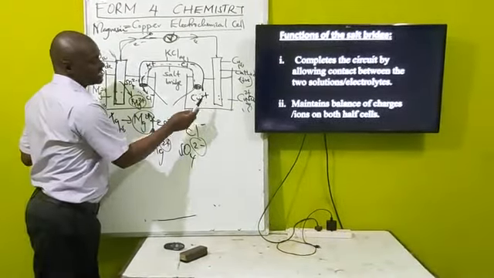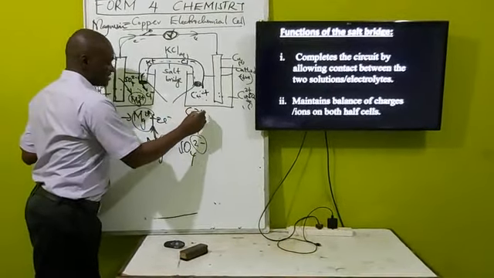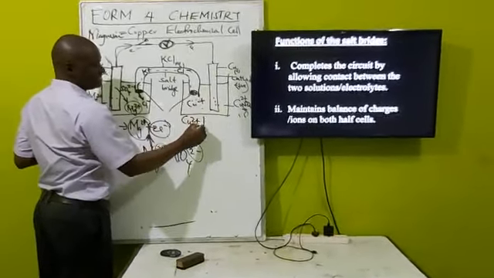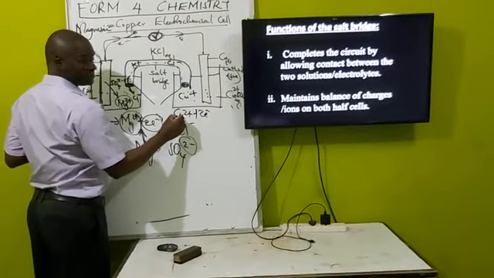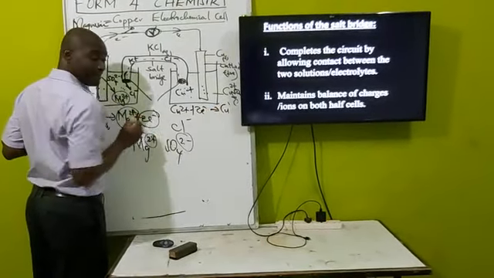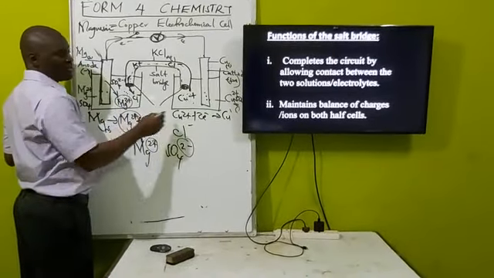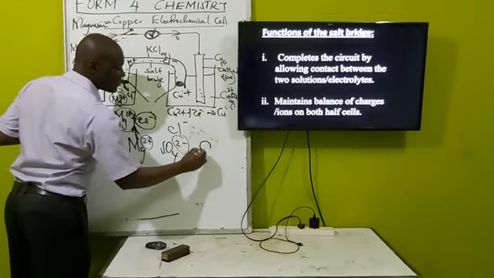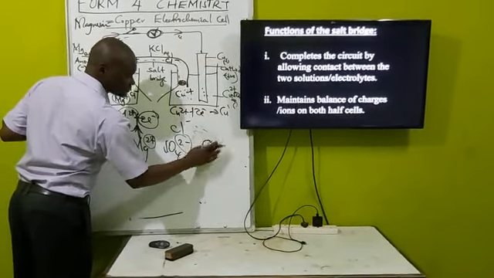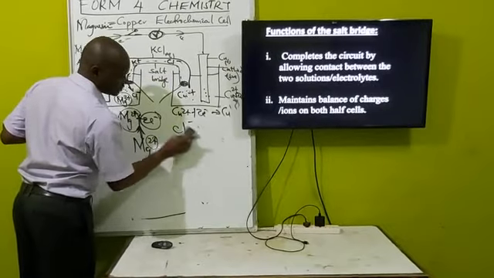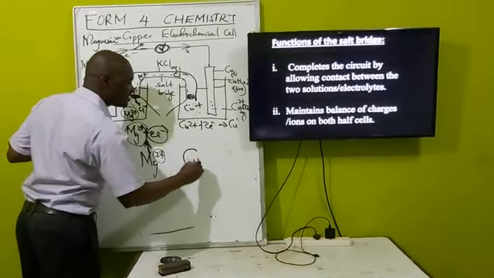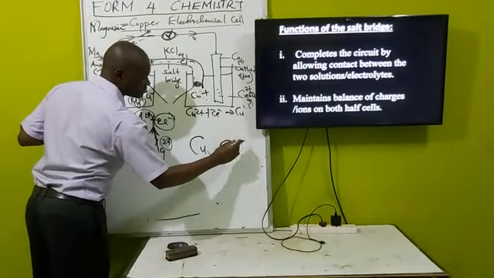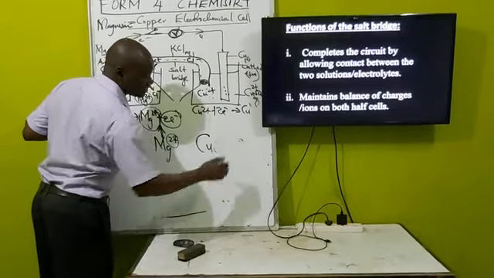What about here? Here, for copper 2, these electrons will flow. When they reach here, they will reduce copper 2 to form copper. So what will happen if we had copper 2 sulfate solution?